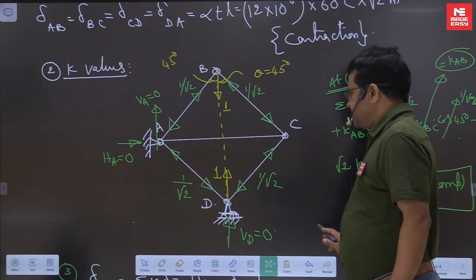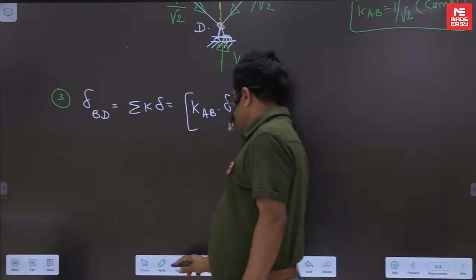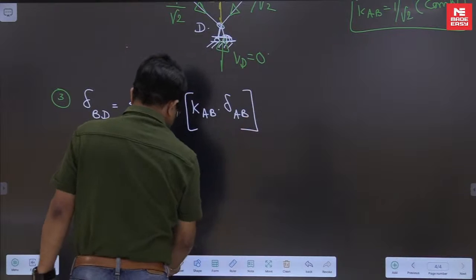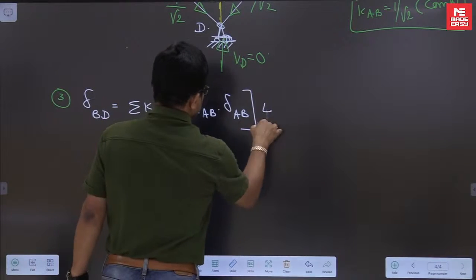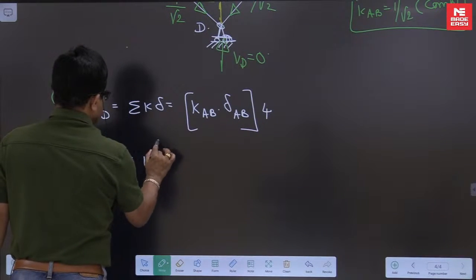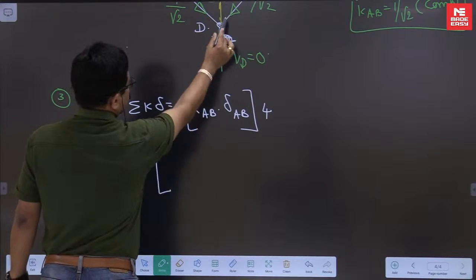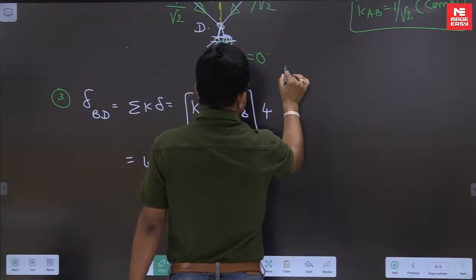So now we can write 4 times, 4 I can write directly, 4 times KAB. This is the sign convention we will take.